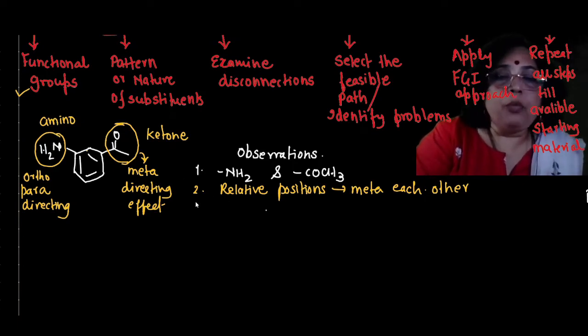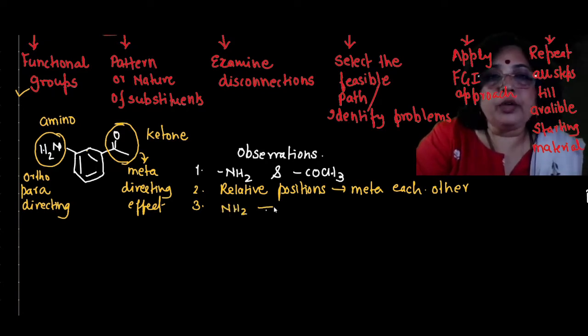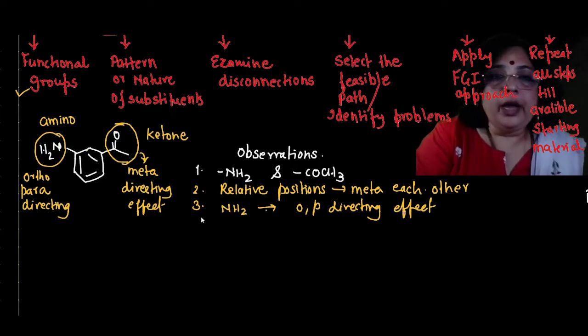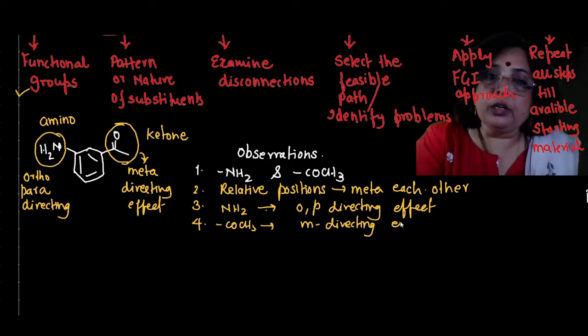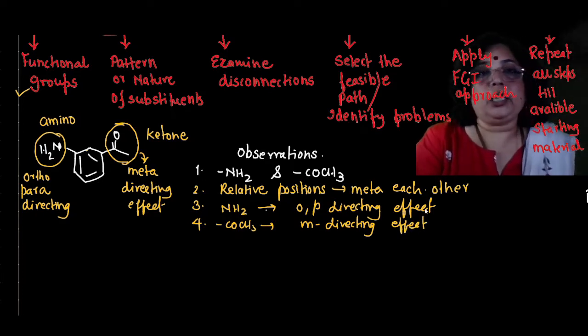Now, with the help of this third observation, I know the NH2 exerts an ortho and para directing effect, and the COCH3 exerts the meta directing effect. So this is very valuable information for the disconnection.